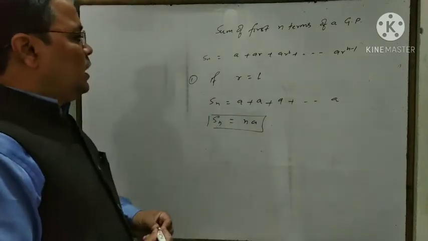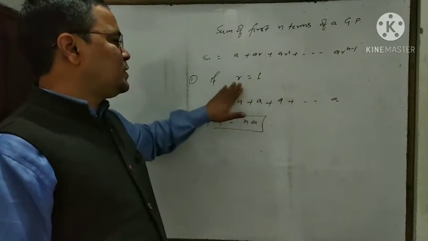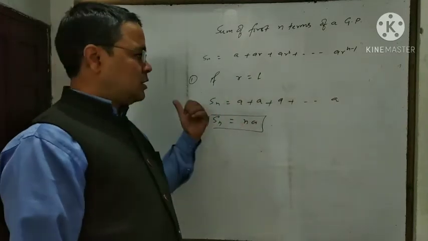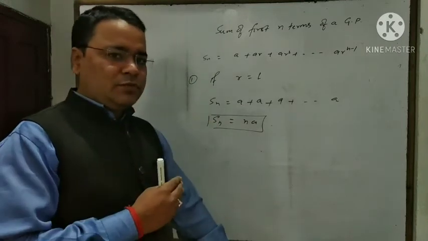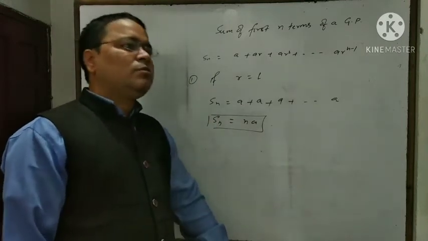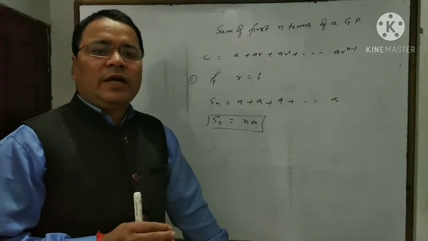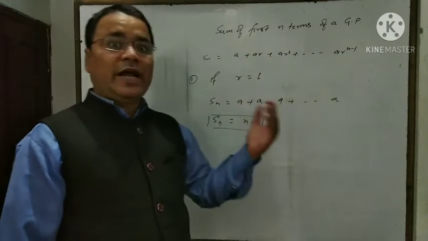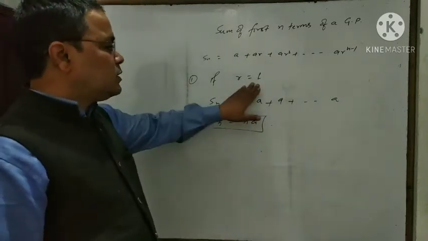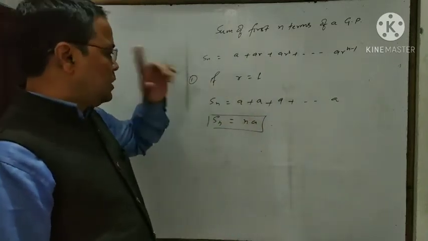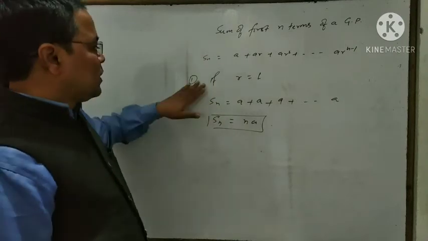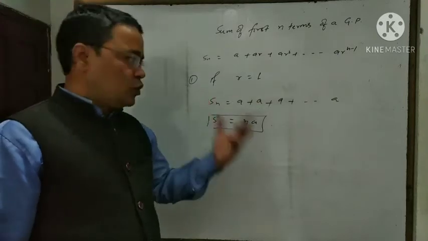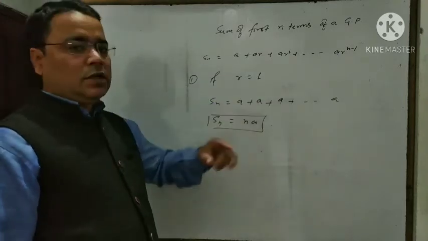It means in a geometric progression the common ratio can be equal to 1, but not 0. In one question we just discussed why the first term of a geometric progression cannot be 0, and here we see that the common ratio of a geometric progression can be 1 but not 0.